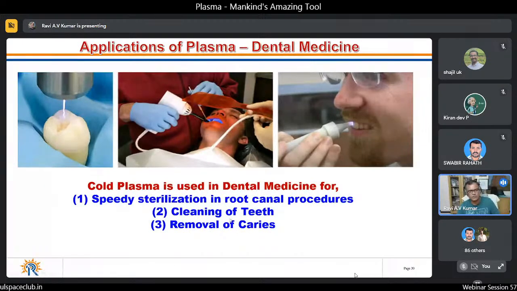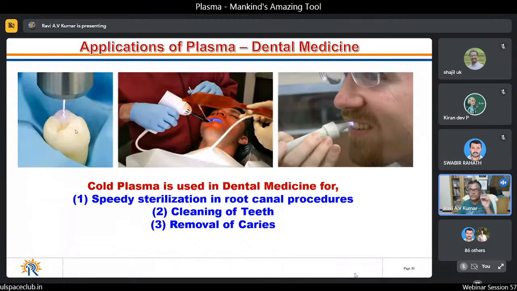For example, now dental. If you have done a root canal treatment, anyone, you will see that the doctor takes at least 3 sittings. One sitting to make the hole, and then a second sitting to ensure that all the infection is gone. In the third sitting probably you will fill it up and put the cap. Why does it have to take so long?